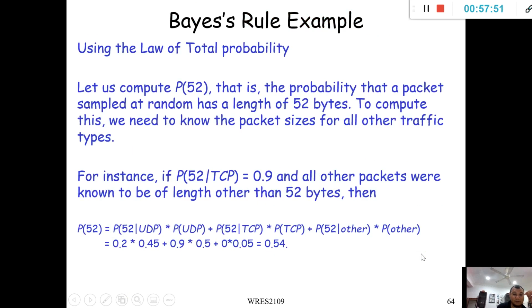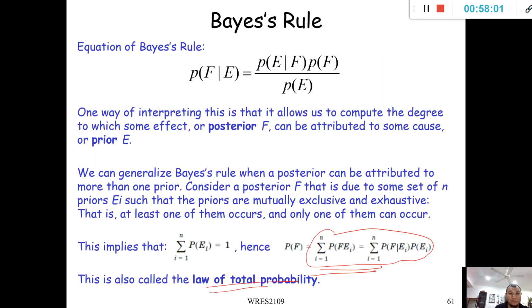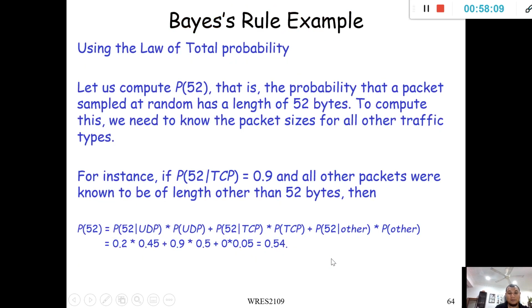You just use that one. This is the summation, the law of total probability. You have a number of sets, so you use this one: P(52 given UDP) times P(UDP), plus P(52 given TCP) times P(TCP), plus P(52 given other) times P(other). So you get 0.54.